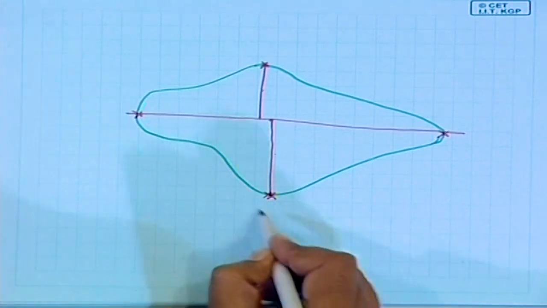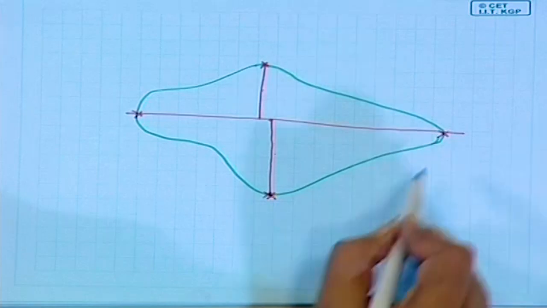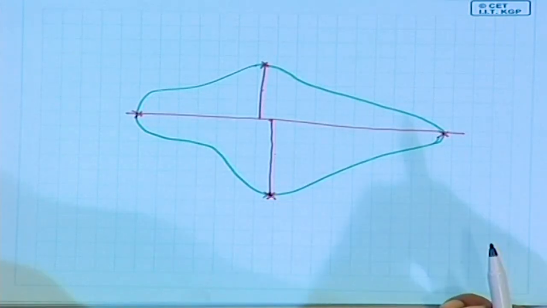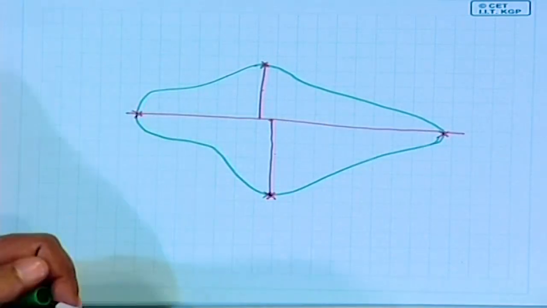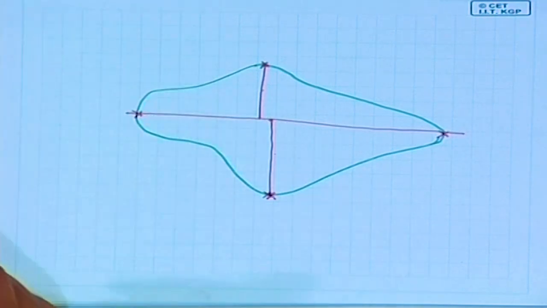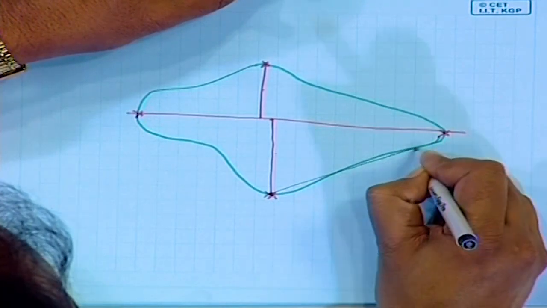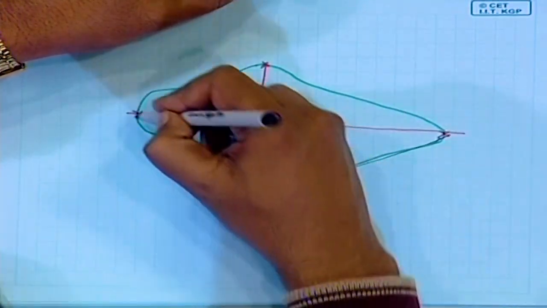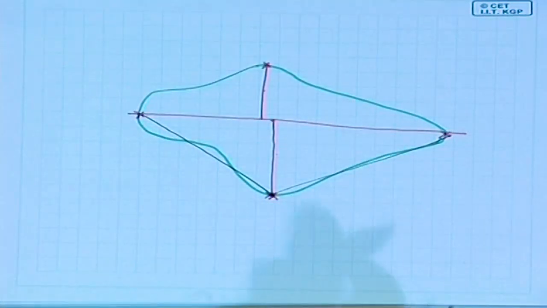Once I select the next split point, I have divided this boundary into 3 boundary segments. Once I have these 3 split points, again I can have straight lines passing through pairwise split points. So, this is one straight line and this is another straight line.